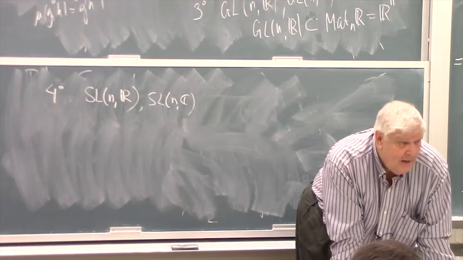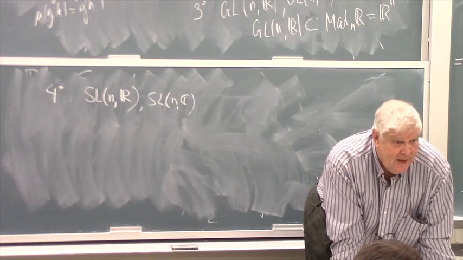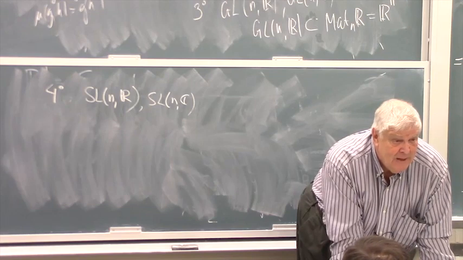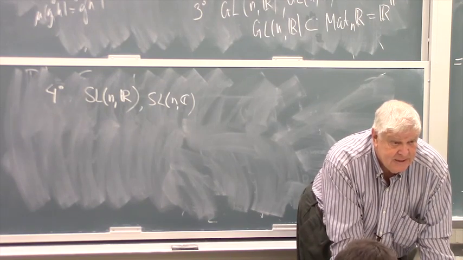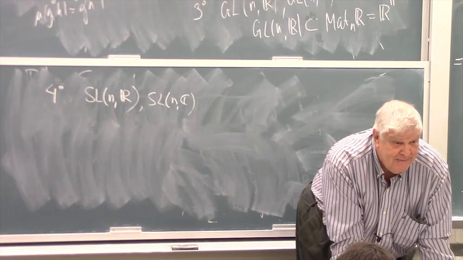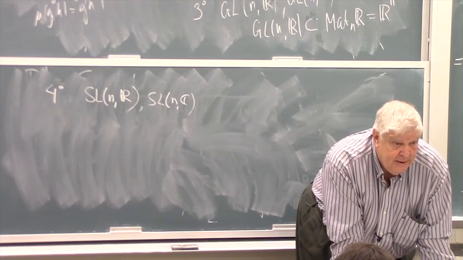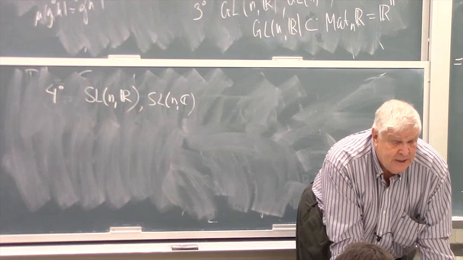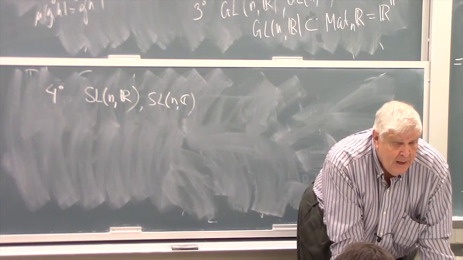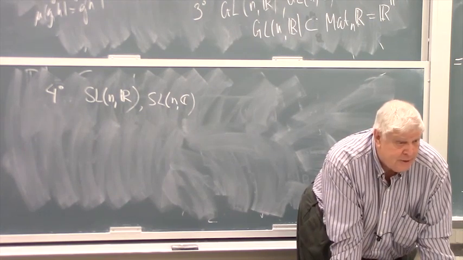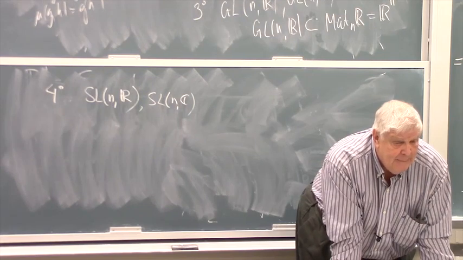Sure. There is a function on the set of all matrices, the determinant. It is a very much smooth function, actually algebraic. And SL(n,R) is the set where this function is equal to 1. One equation determines a part of this n squared dimensional space.